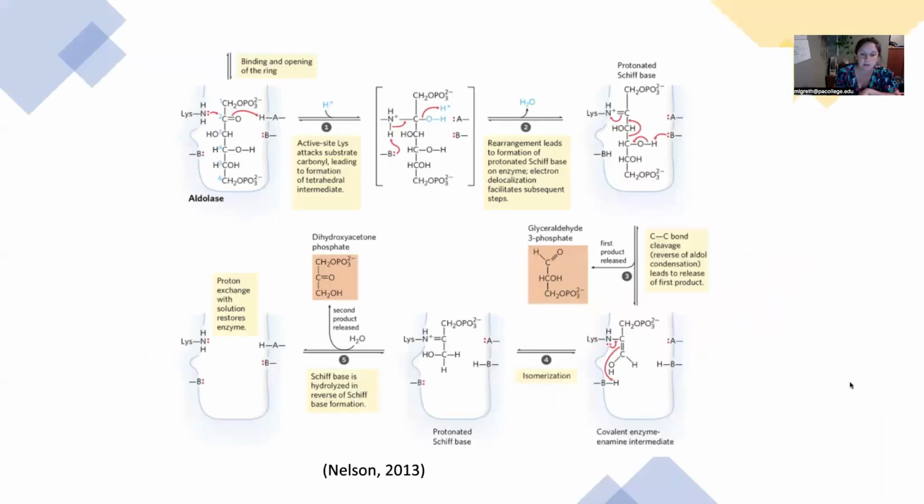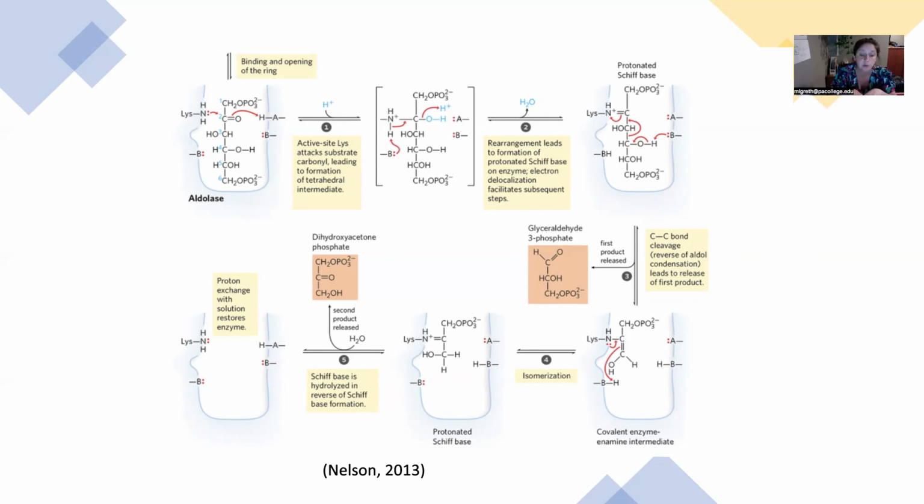All right, so here you have the steps of how aldolase works. In the first step, you have an open ring fructose enter the enzyme, and it binds to the lysine, with the oxygen taking hydrogen from the glutamic acid. Next, the arginine takes a hydrogen from the lysine. It forms a double bond between the lysine and the carbon, and it kicks off the oxygen in the form of water.